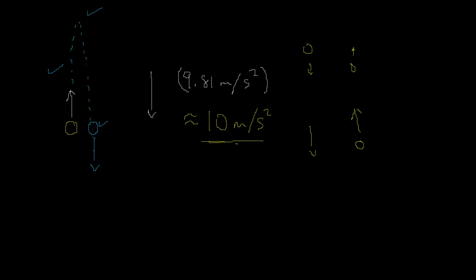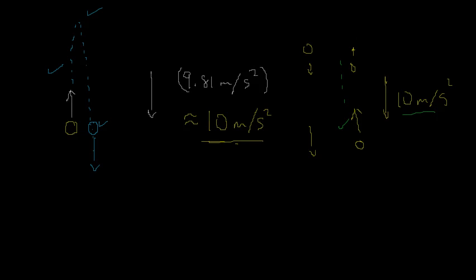What this means is that if we have an acceleration of 10 meters per second squared downwards, the velocity decreases by 10 meters per second every second as the ball goes up.